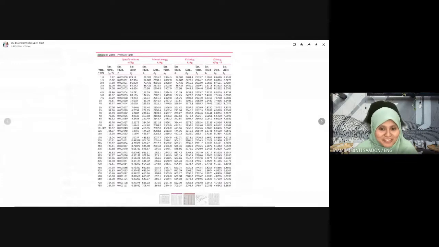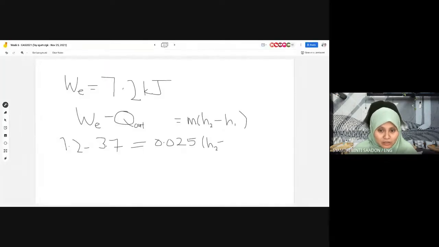Pening dah saya pun. Because since we change the U plus PV equals to enthalpy, there is no longer boundary work here. So it equals to mass 0.025 kilogram, and H2, the one that we need to calculate, minus H1, 2724.9, 2725 kilojoule. So make sure kilojoule. So you get H2.